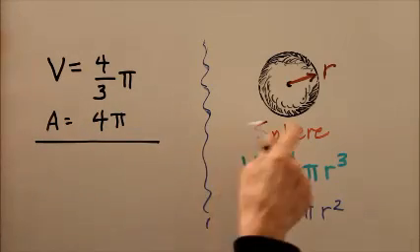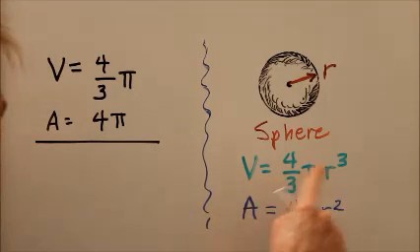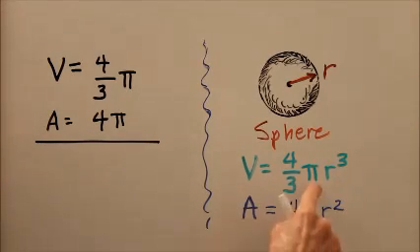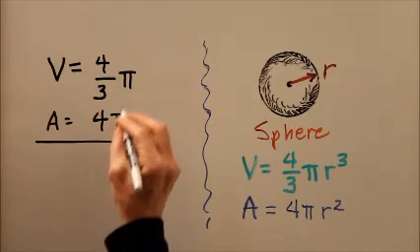Now, if we increase this radius by a factor of 4, what's going to happen is that the volume will become 4/3 times pi times 4 cubed.